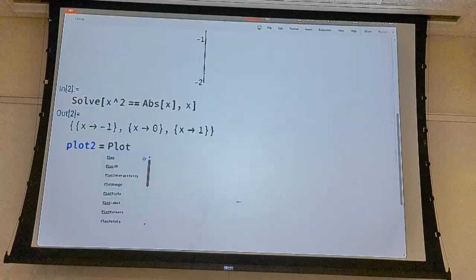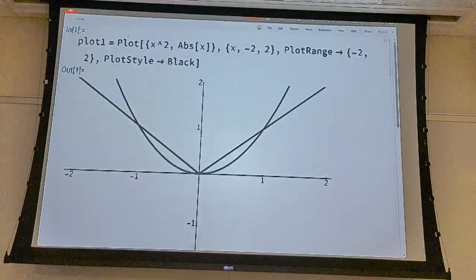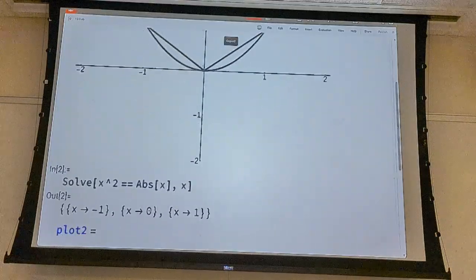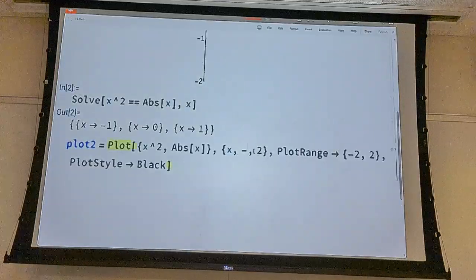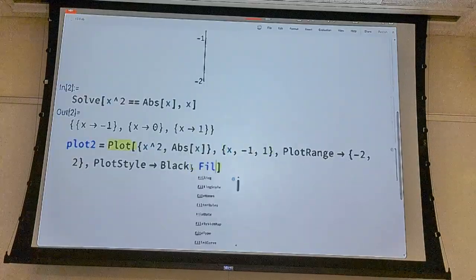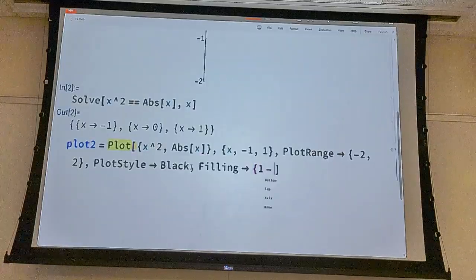I'm going to start the same way, actually. Work smart, not hard. I'm going to copy, paste. Since I know the intervals now, -1 to 1, I'm going to change that. Now I'm going to fill it, from curve 1 to curve 2.